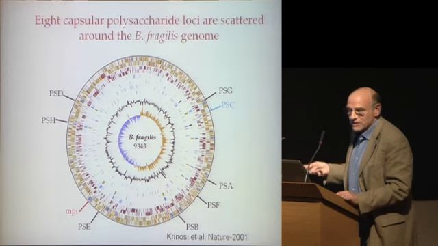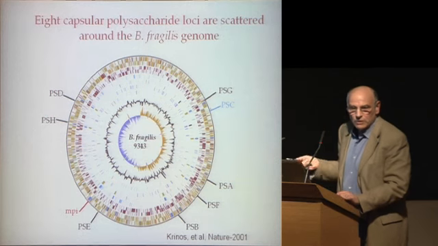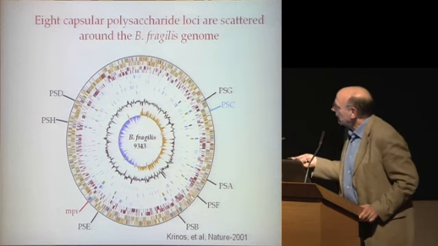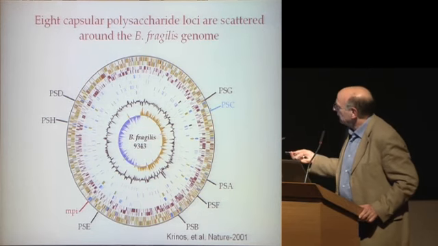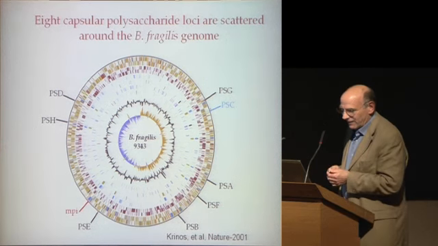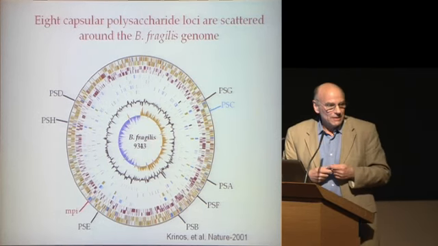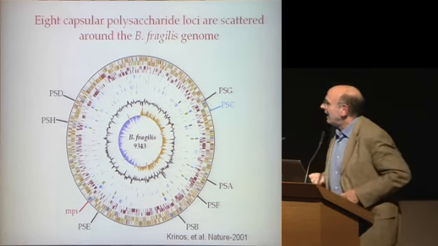Remember, one gene does not make a polysaccharide. These are loci with 8 to 25 genes in them, and we very uncleverly, I would say, name these polysaccharide A, B, C, D, E, F, G, and H.